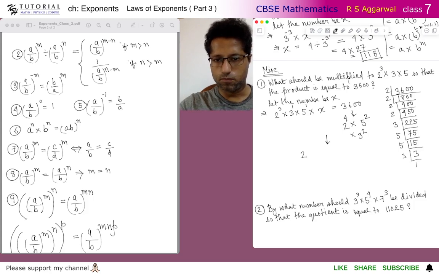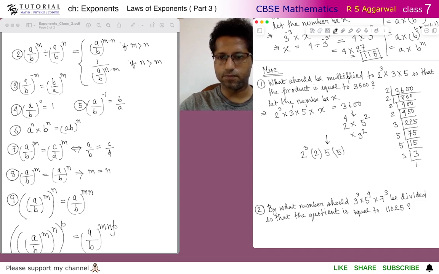Okay, 2 cube, and the remaining factor I am writing in bracket. So 2 cube I have taken out from 2 to the power 4, so I am left with 2. Now 5 square, but on the left hand side there is 5 only, so I will take 5, and another 5 in the bracket.